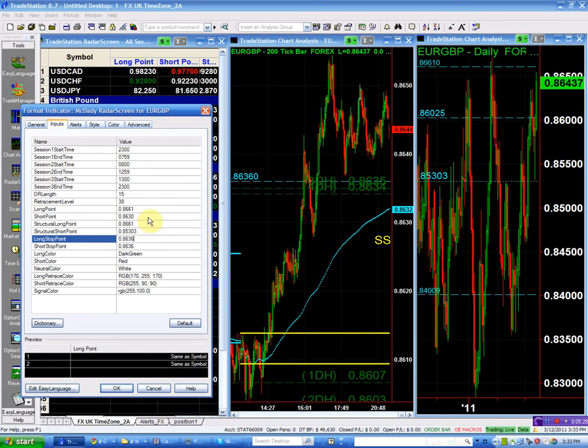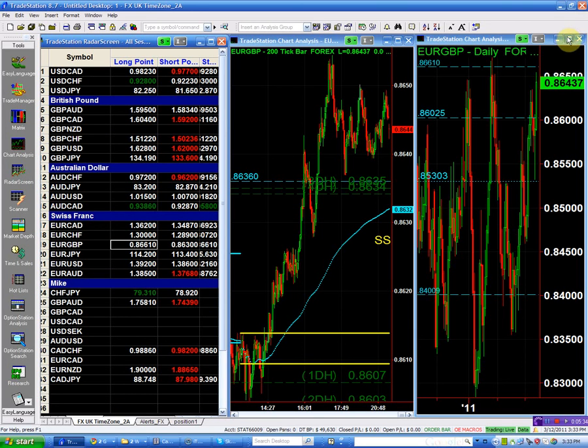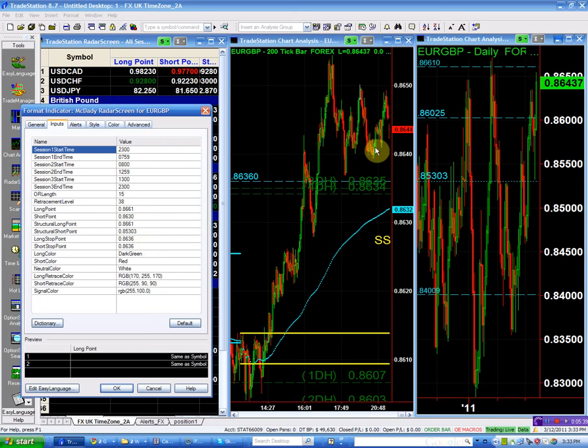And the short point, the structure long. Now the structure long has changed. It's not 86.61 anymore, because we closed at 86.40. All right.